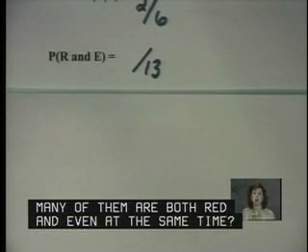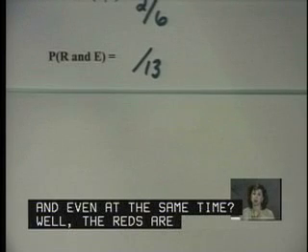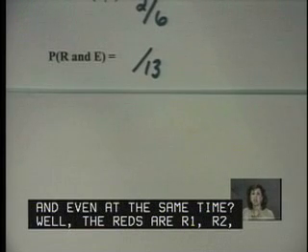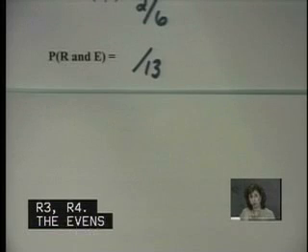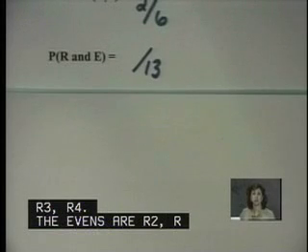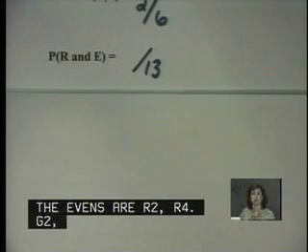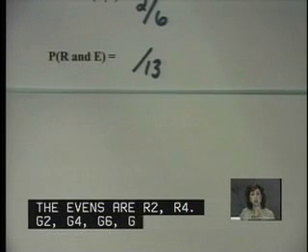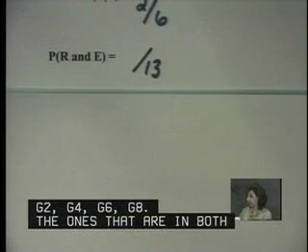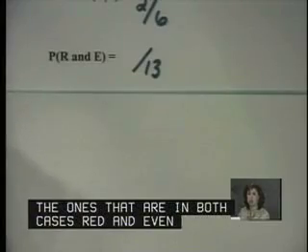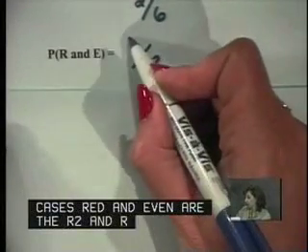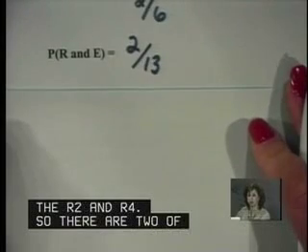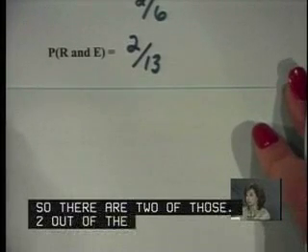Well, the reds are R1, R2, R3, R4. The evens are R2, R4, G2, G4, G6, G8. The ones that are in both cases, red and even, are the R2 and R4. So there are 2 of those. 2 out of the 13 cards total fall into both cases.